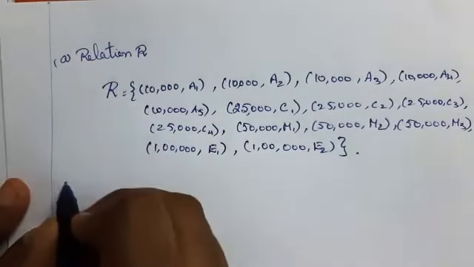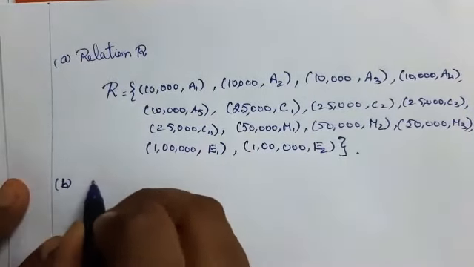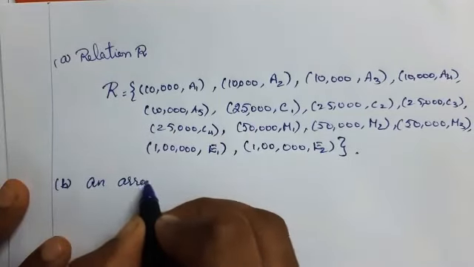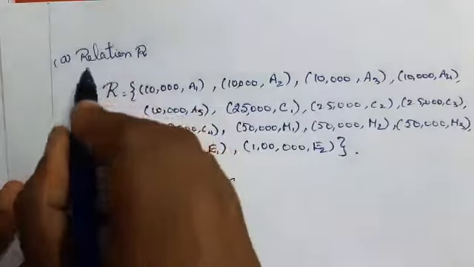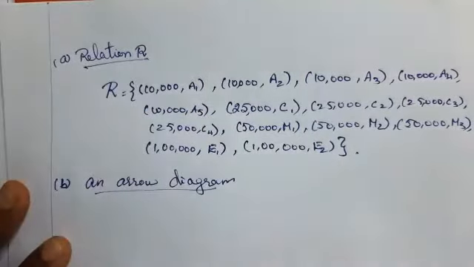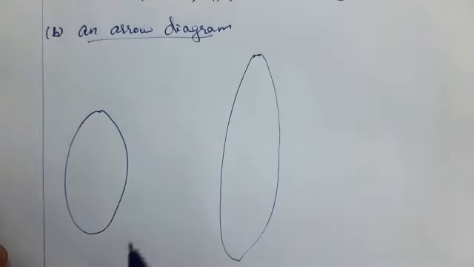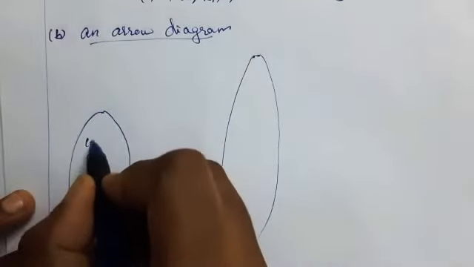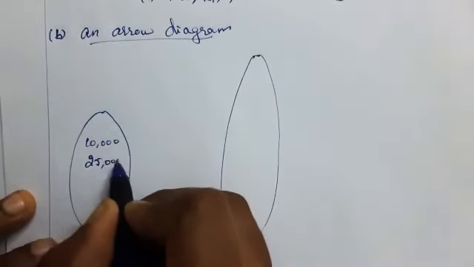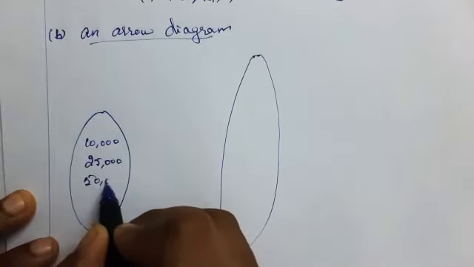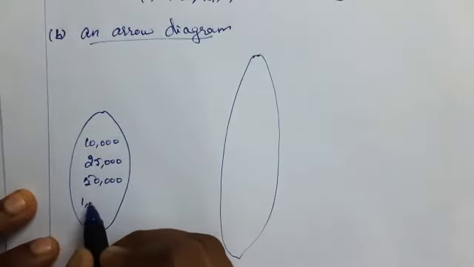Now draw the arrow diagram. Arrow diagram. First write 10,000, 25,000, 50,000, 1 lakh.